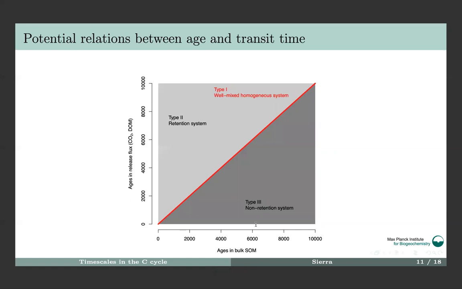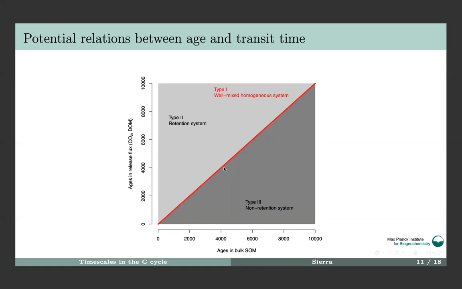And since we're dealing with two concepts, ages and transit times, there are three different potential relationships between them. One is if the mean age and the mean transit time, or all the ages and the transit times, are similar, then we are on this one-to-one line of the relationship between ages and transit times.